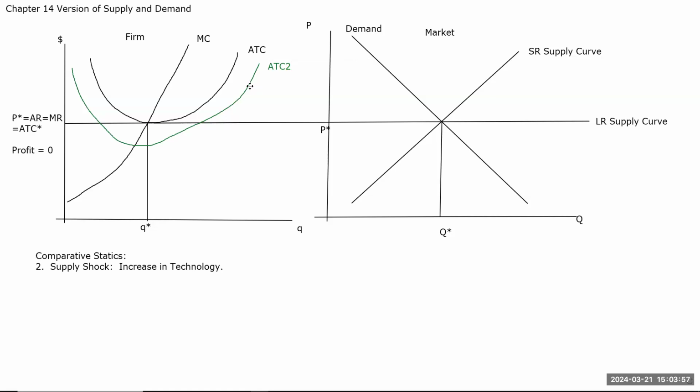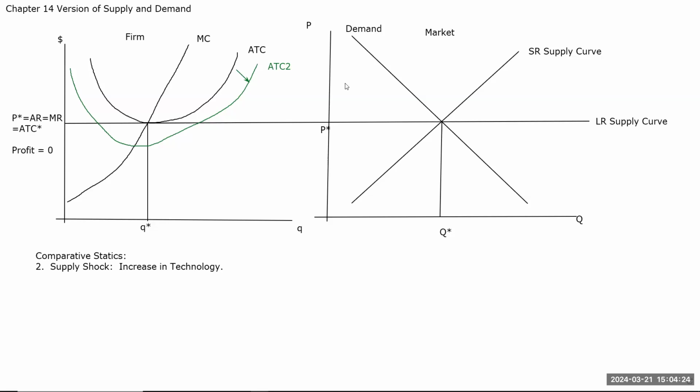It shifts the average total cost curve down because it becomes cheaper per unit. And I'm going to try to make the marginal cost go through the bottom of the new average total cost curve, something like that. It shifts the average total cost curve down from ATC to ATC2.